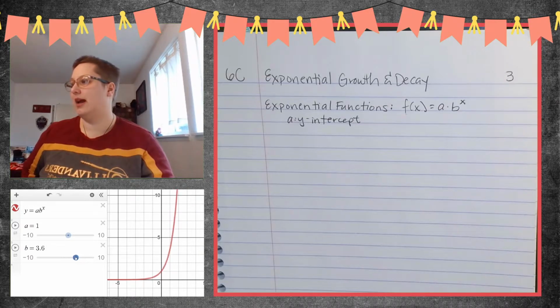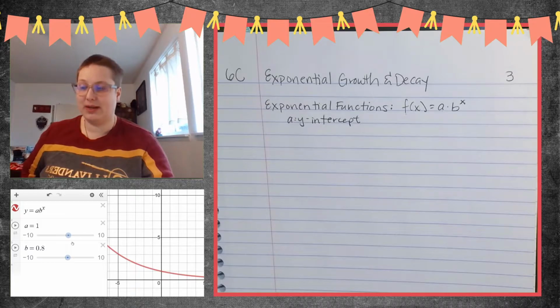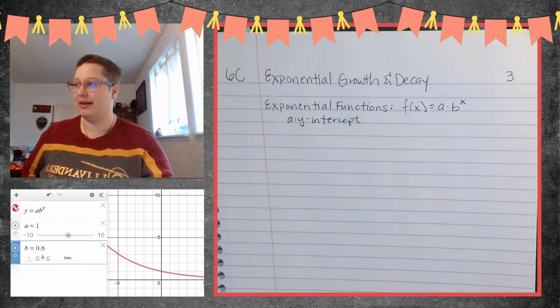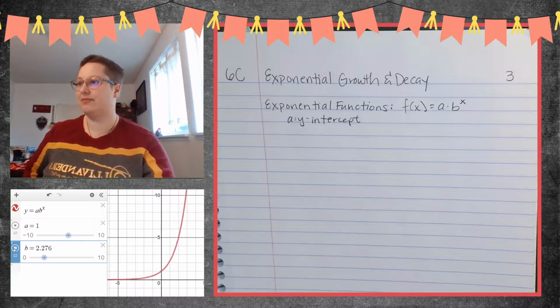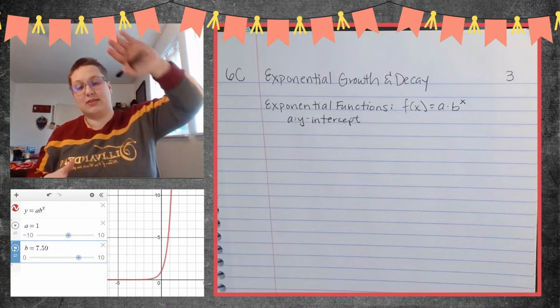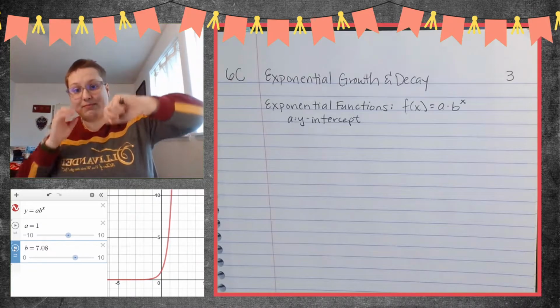So it got bigger. And then when b was a fraction, less than 1, it switched to going downwards to where it's flat on the right-hand side over here. Let me change this really quick so that it doesn't go past 0, because that gets weird. So when b is bigger, it goes higher up, it gets stretched out.